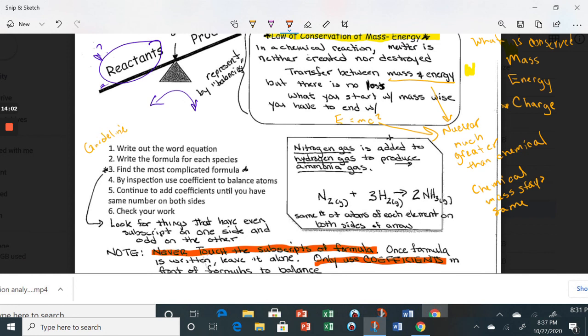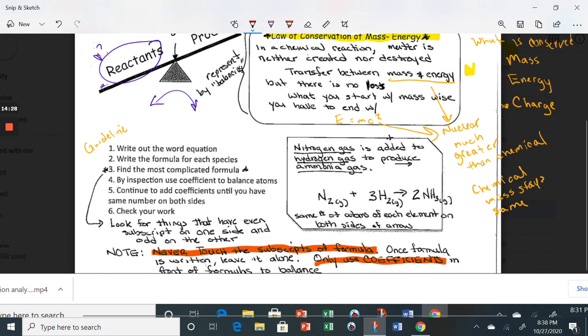So here is a makeshift word equation. Nitrogen gas is added to hydrogen gas to produce ammonia gas. Right? So we have to go and look at that and say, all right, what's my formula for nitrogen? That's where diatomic comes in, right? Because know thy diatomics. Whoopsie, I did it again. I keep wanting to write with a highlighter tonight. Okay, know your diatomics.